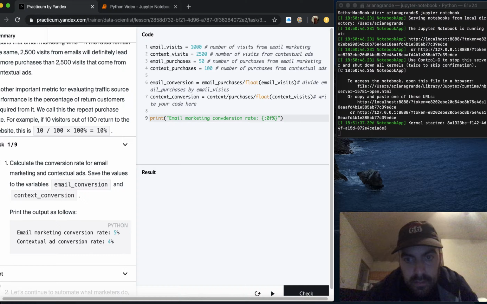Can we do 0f? Is that a thing? Potentially, we could just do .0f. I don't know. And then we do dot format with the value, which is email conversion. I'm just going to run this to see if it actually works that way.